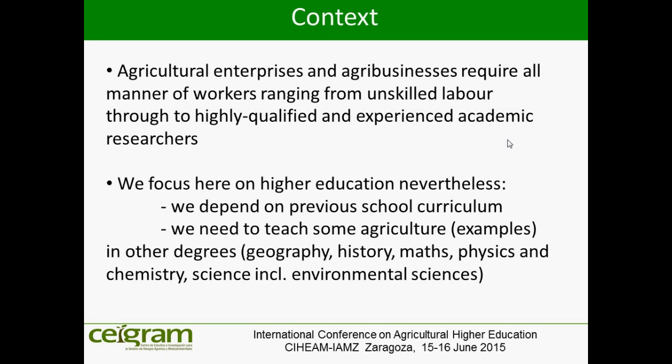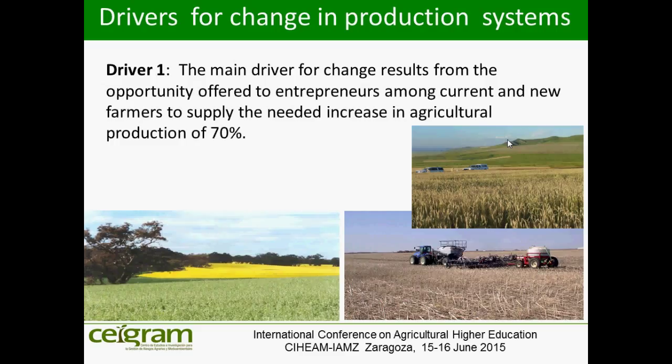The main driver for farmers, and I'm talking for a farmer as an entrepreneur, the main driver is the increase in supply. So these are large farms, Australia, Canada, Mongolia, grain suppliers. Well, so there is an issue there that will drive changes and demands from the higher education.